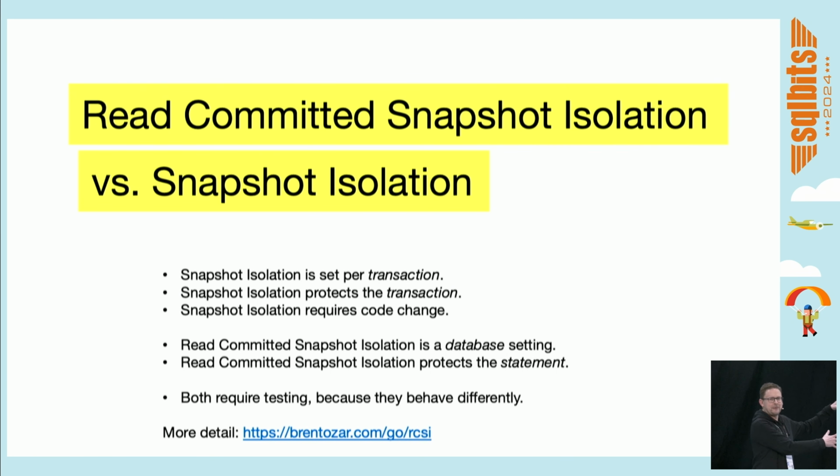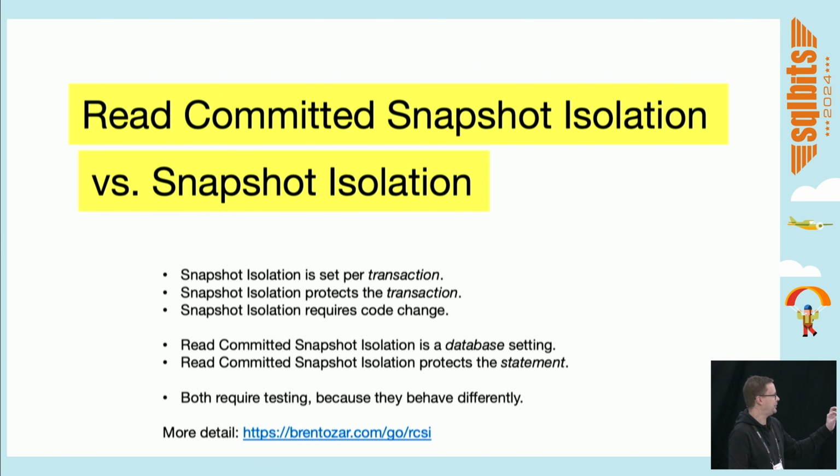There are two different types of snapshot isolation in SQL Server. There's read committed snapshot isolation, which is a database setting. Read committed snapshot isolation is what you get in Azure SQL, Azure SQL MI, all those things. You can turn it on in SQL Server on-prem, but you need to explicitly turn it on per database, and that starts the versioning. Snapshot isolation is an isolation level that you choose with set transaction isolation level.